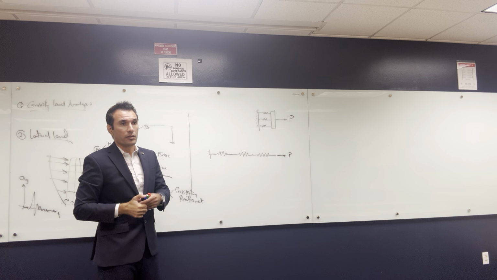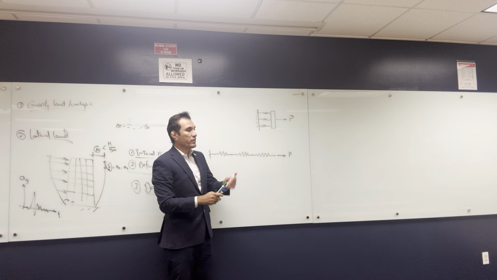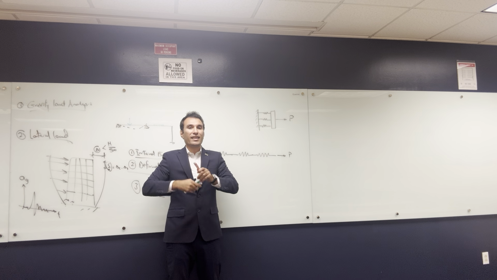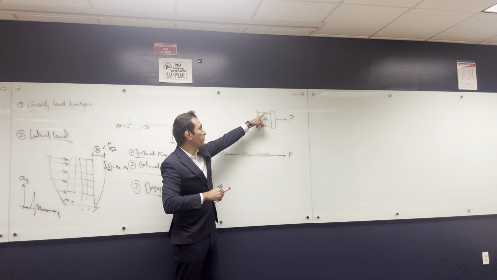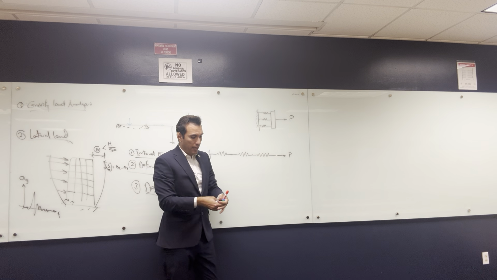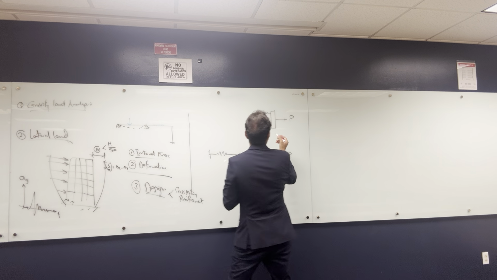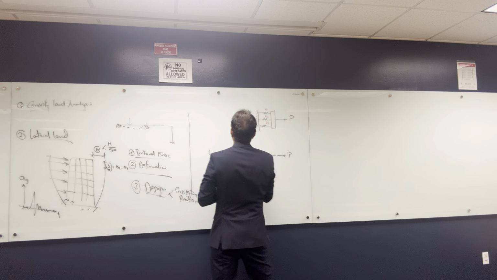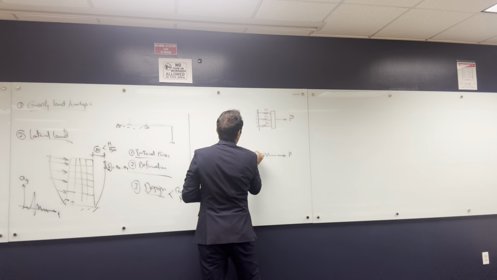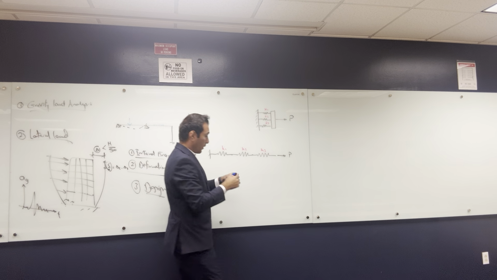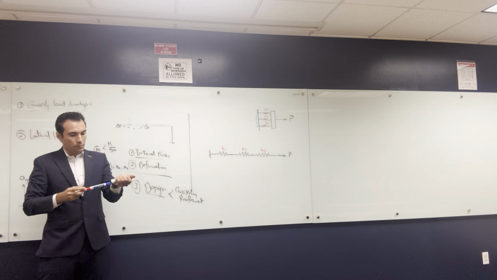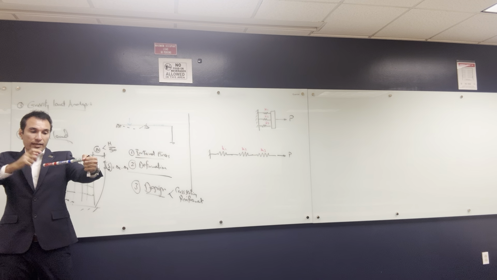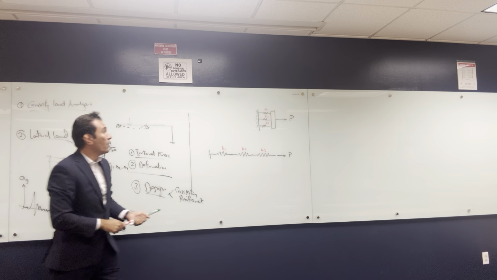It's a system of bars. We always represent bars with springs. Why? Because a bar has an axial stiffness, and we represent this axial stiffness with a spring like this. Let's say the springs have K1, K2, K3, and here K1, K2, K3, okay? Bars connected like this. All these bars are connected in parallel, and you are trying to pull that way, and they have stiffnesses K1, K2, K3, all right?